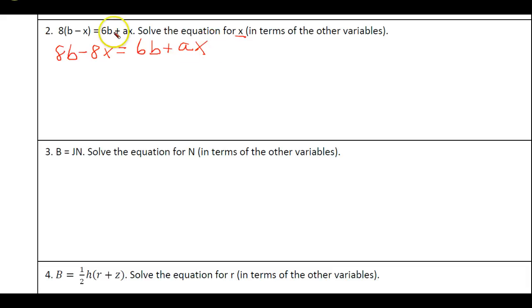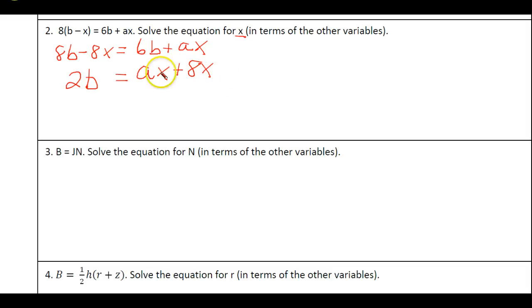Now we want to get all the x's on one side, everything else on the other. So I want to get this out of this side, so I'm going to subtract 6b. Subtract 6b, I get 2b on this side. I'm going to bring my negative 8x to this side, so I have ax. On this side it becomes a plus 8x.